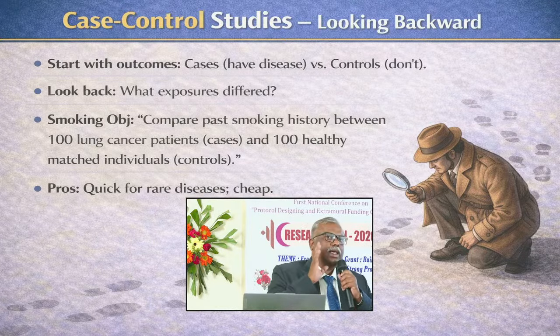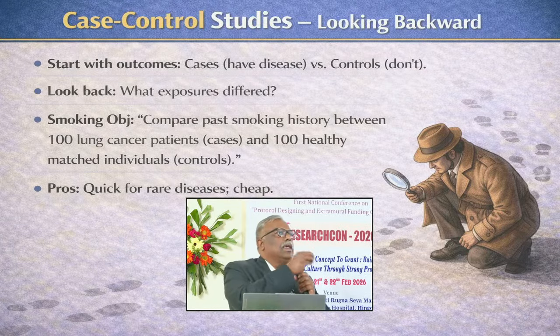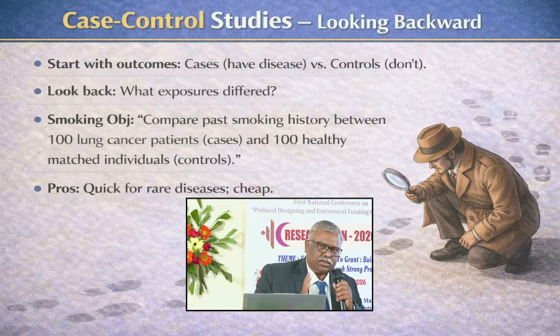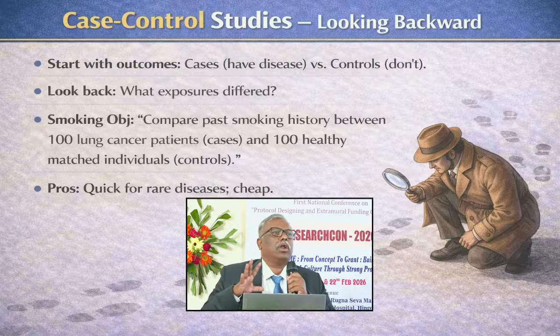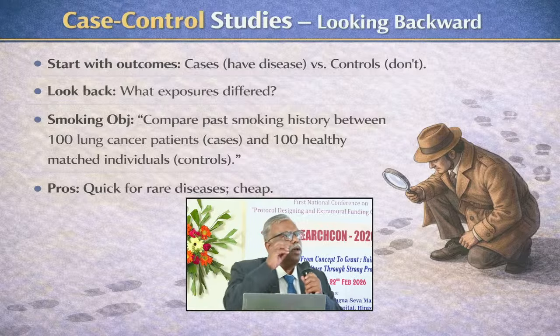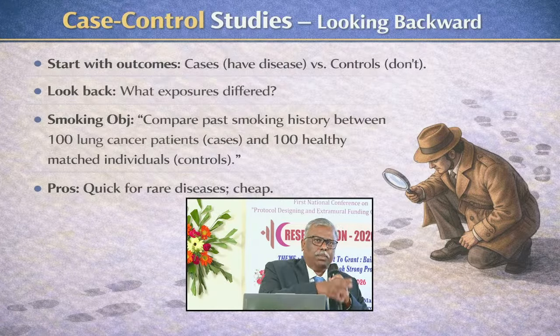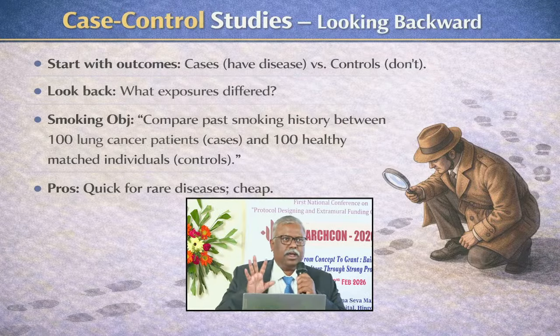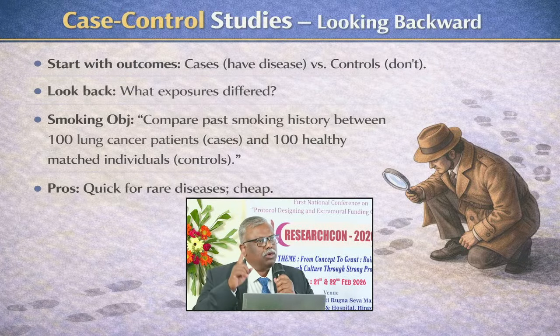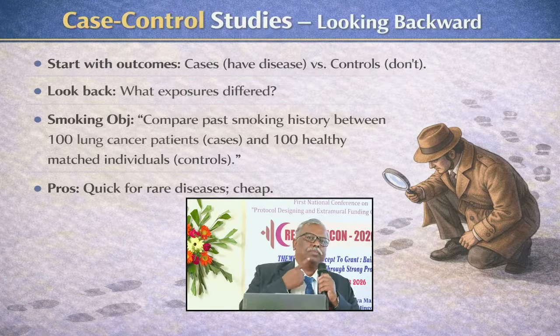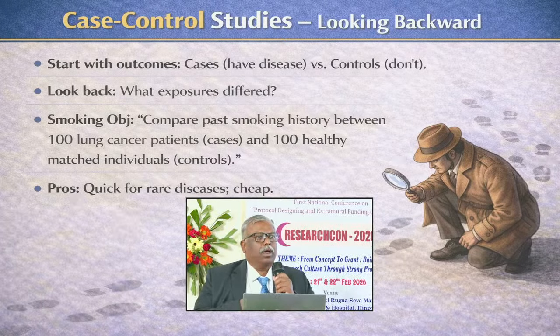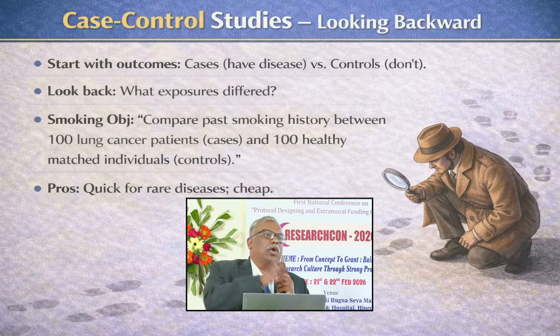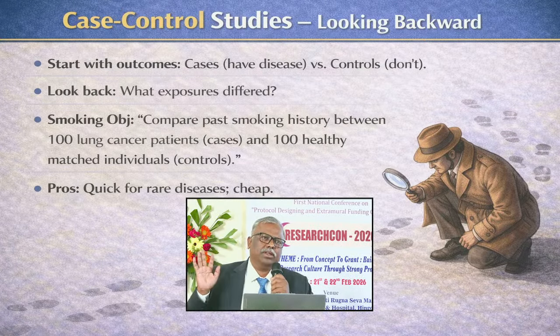So if there are lung cancer patients, these are the cases. Right? The controls are persons or individuals without lung cancer. And we have to take a history, a past history. What are the risk factors? Some modifiable risk factors, some non-modifiable risk factors.